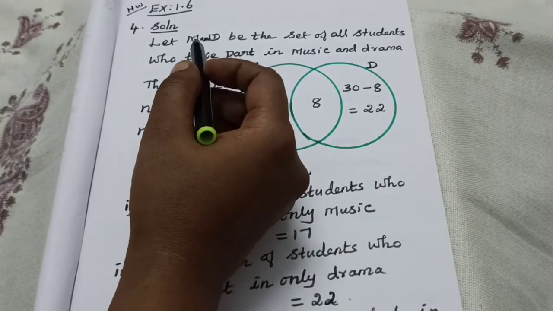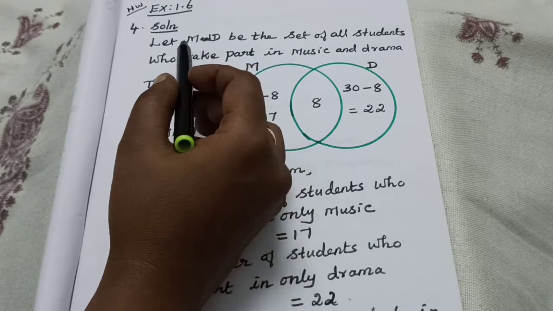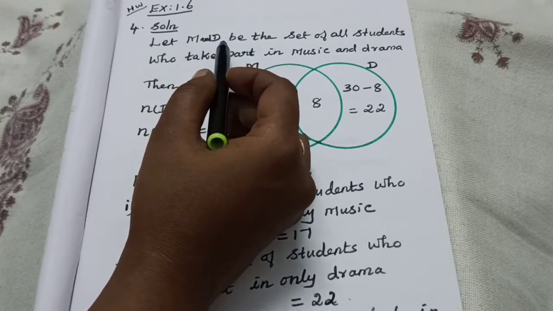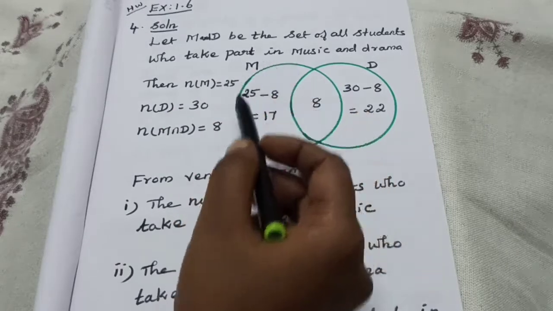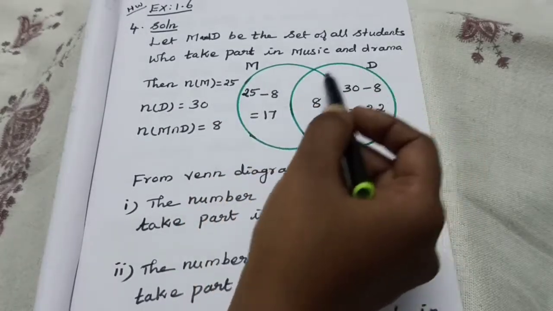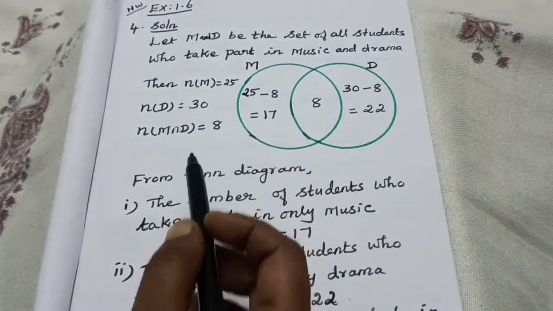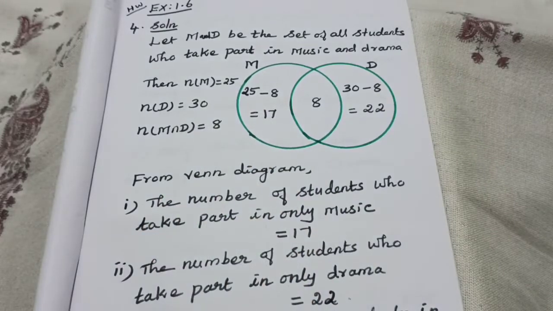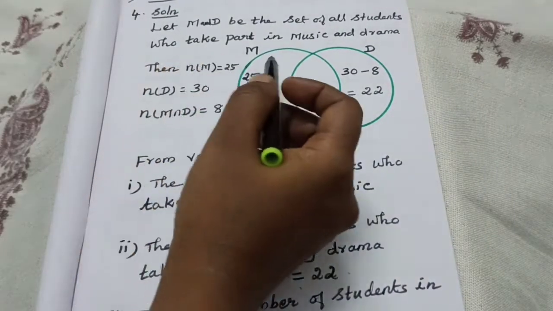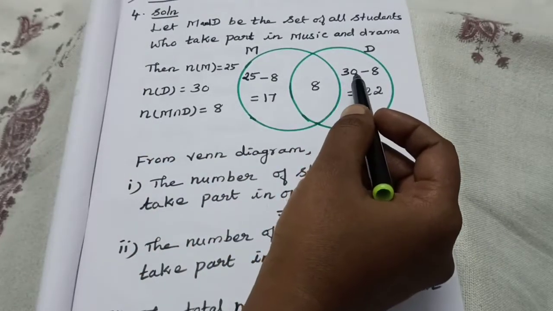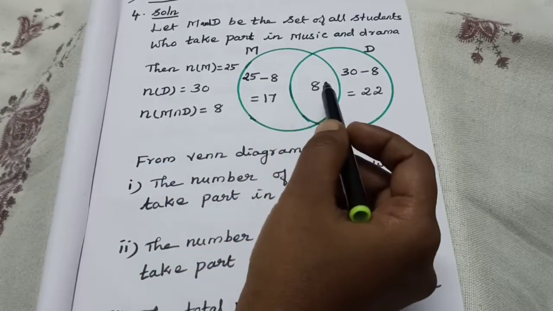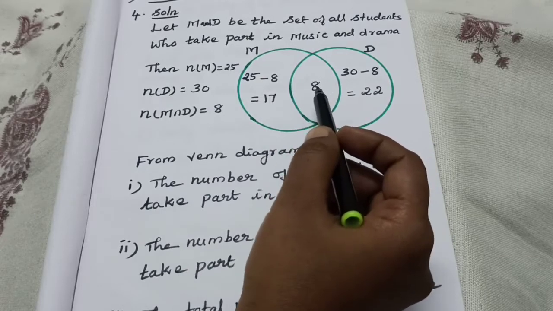Here take music as capital M and drama as capital D, two sets. n of M is given, 25. n of D is also given, that is 30. Both common is also given, 8.